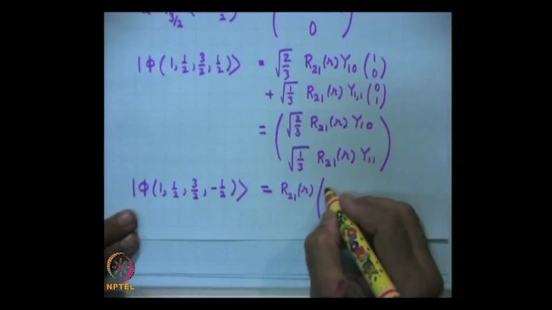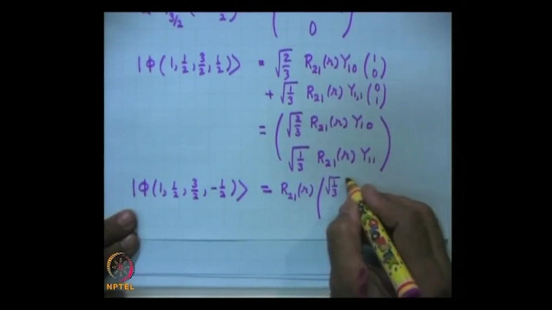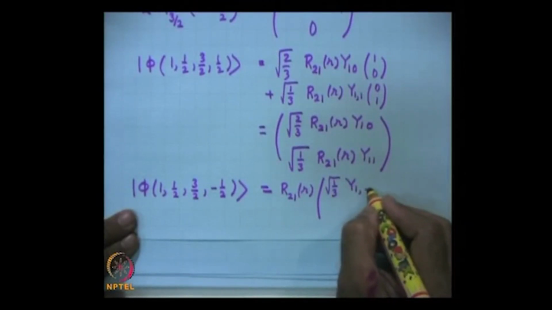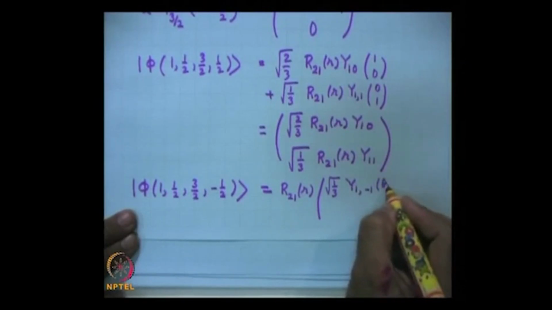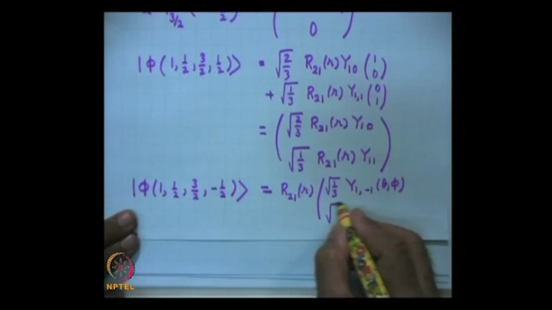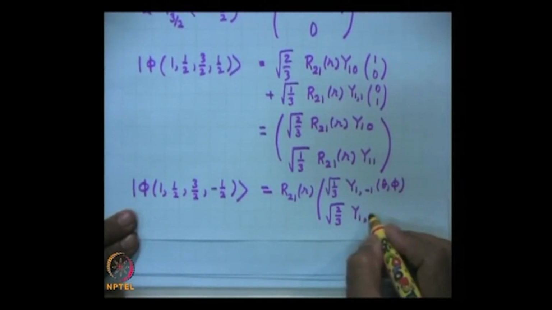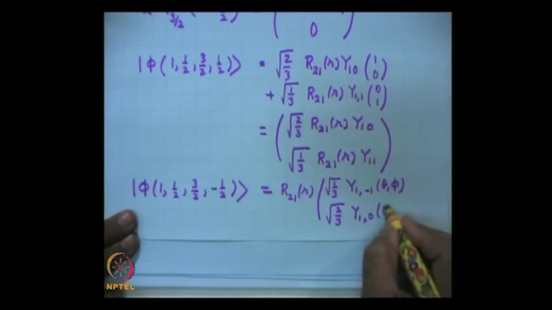This will be square root of 1 by 3 Y 1 comma minus 1 of theta phi, these are the spherical harmonics, and then square root of 2 by 3 Y 1 comma 0 theta phi.